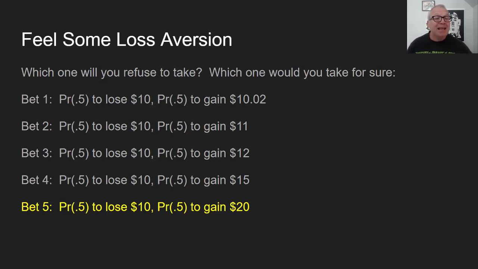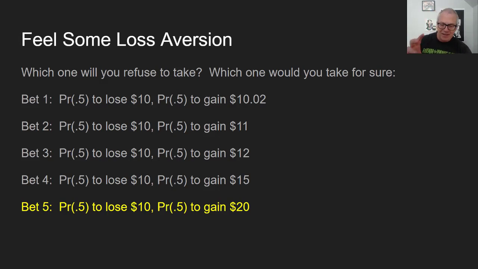But you would have been making money if you had opted for bet 1, and if you had always opted for bets even where the positive margin is as slim as that, if you were always making a decision according to expected value, you would have taken bet 1. And it took several more dollars. It took $9.98 more in the prospect of winning before you'd come over to bet 5.